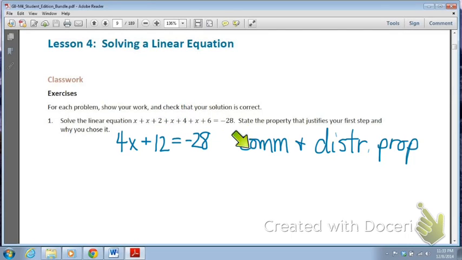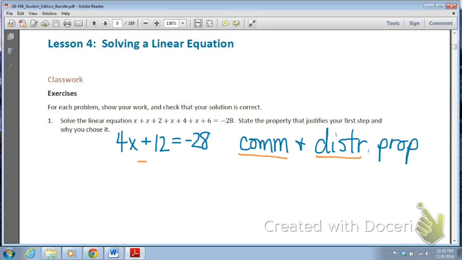So those properties that I used are the commutative and distributive. The distributive property is the one where I went 1 plus 1 plus 1 plus 1 equals 4 times x. And the commutative property said I could move these things around to be in a different location because everything's being added together. Okay, so I am supposed to solve this equation. So now I've transformed it. Now I'm going to start using the properties of equality.